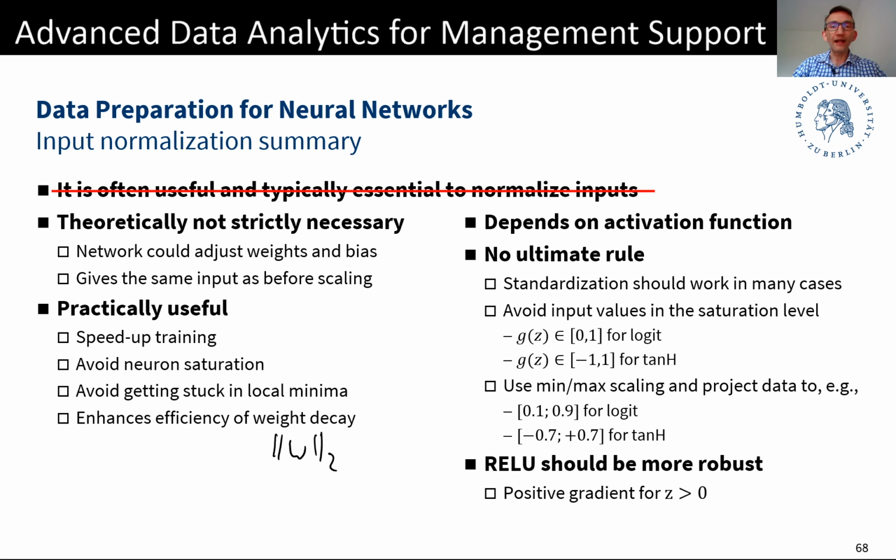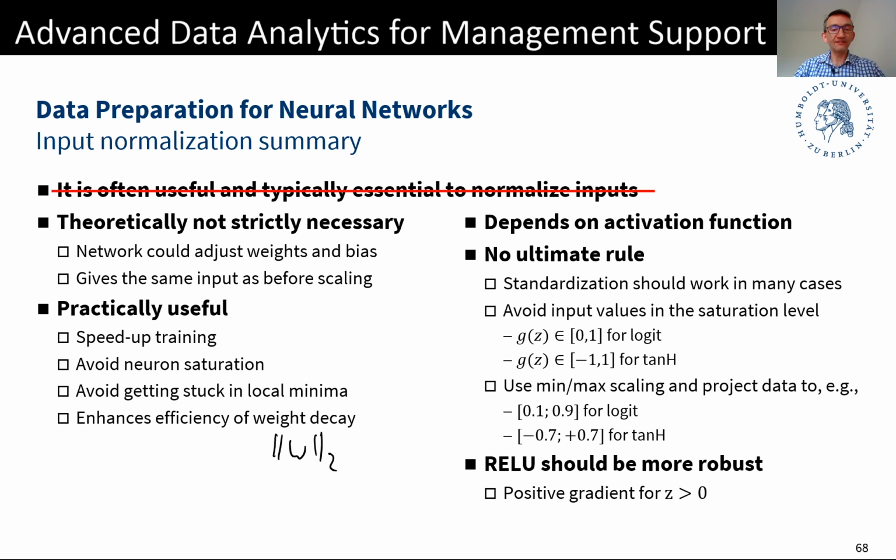However, these values for a standard normally distributed variable are not so likely, and the majority would be closer to the mean of 0, where you have a good discriminatory ability of your sigmoid and hyperbolic tangent function. If you want to be sure, however, you could use the min-max scaling, or you could scale your features to -1 to +1, which is exactly the value range of the hyperbolic tangent.